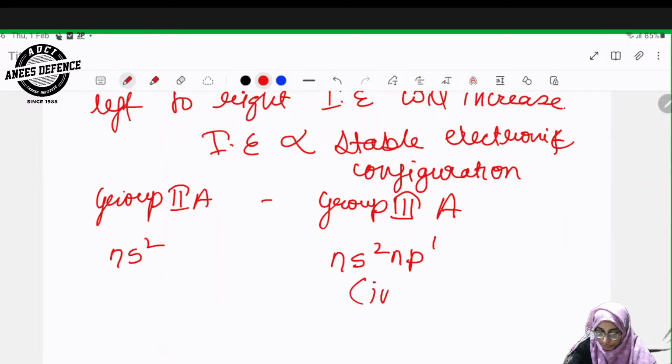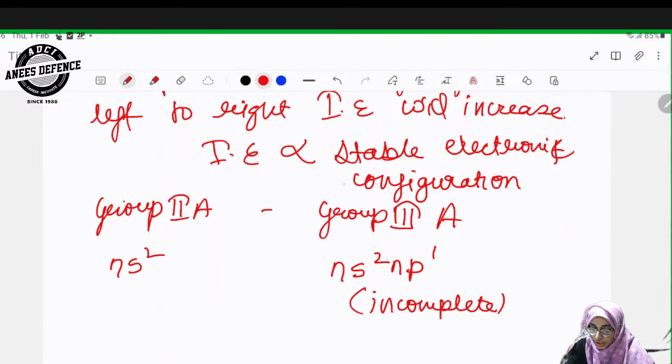So the ionization energy of group third A will be lesser than group second A. So ionization energy is directly proportional to the stable electronic configuration. Clear?